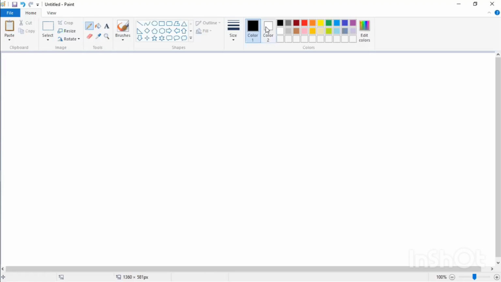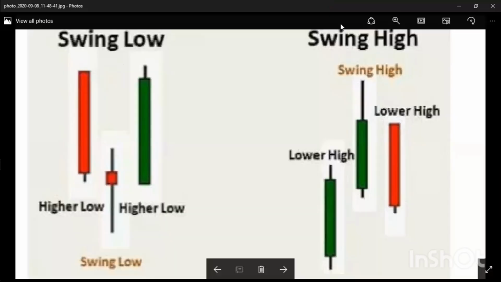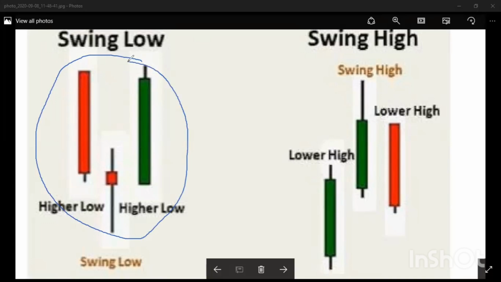What are we looking for? We are looking for this three candle pattern. So when we say a higher low, we are looking for this 1, 2, 3.